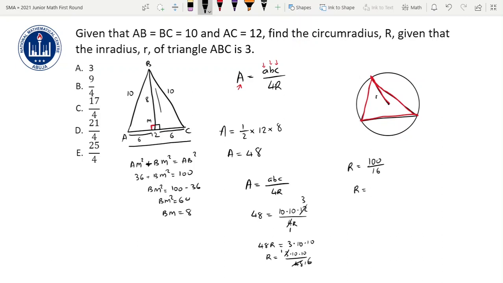Then 4 goes into 100 25 times and 4 times into 16 once, so we have that R equals 25 over 4. That means that the circumradius of this triangle is 25 over 4. So this is how to go about solving this question. Remember, the circumradius of a triangle is the radius of the circle that passes through all 3 points of that triangle. So that's how this question is solved.